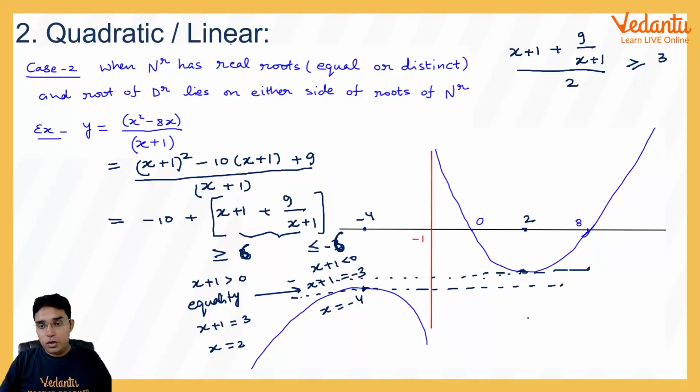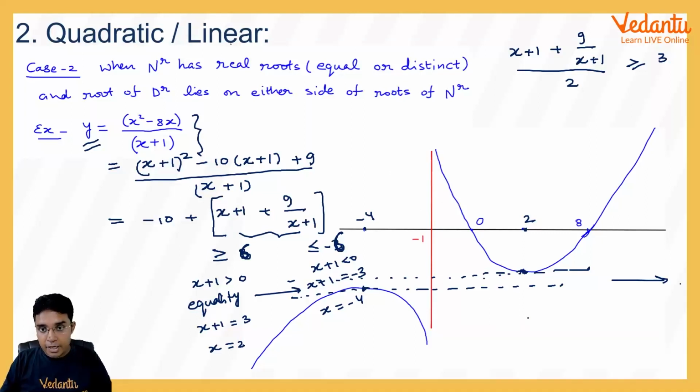Actually, if you are going to have that situation, then there will be some line parallel to the x-axis where this graph will be intersected at 4 points, isn't it? That means you will have 4 different values of x for which you will get the same value of y. Let me repeat.